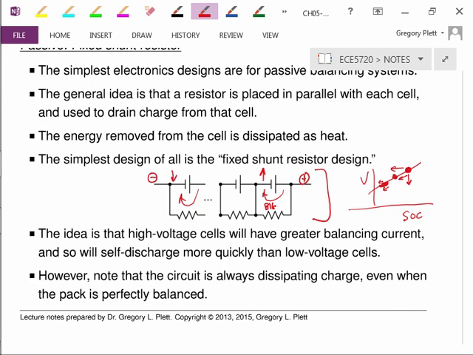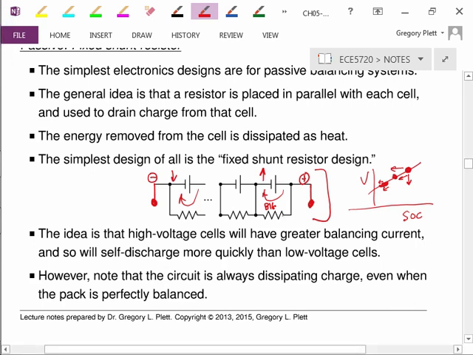This fully charged nature allows the voltages of these cells to balance. I have an external voltage on the pack that's keeping it charged most of the time, and that makes it not matter that I'm dissipating some energy as heat through these resistors, and they'll all be balanced to each other.